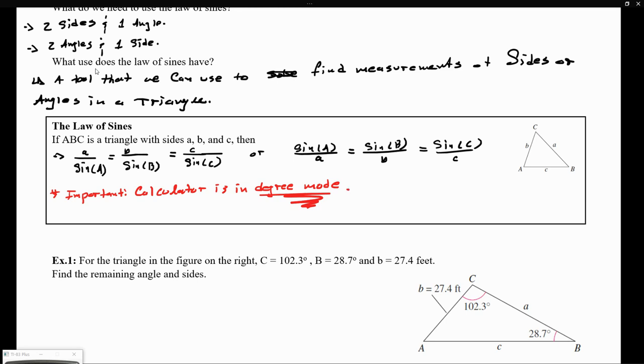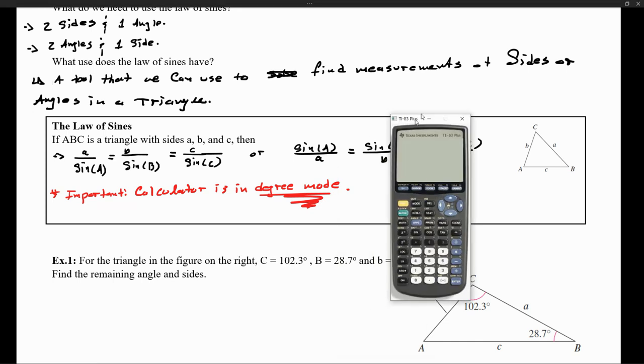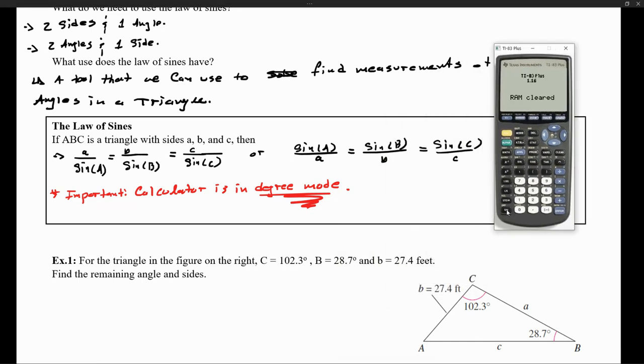You can set it up correctly, you can solve for the side correctly, but if your calculator is in radian mode, that might be a problem. And again, how do you set up your calculator in degree? Well, you turn it on, you press mode, and you make sure that it's in degree mode. Now that it's in degree, we can continue. So just make sure that when you're using the law of sine, your calculator is in degree mode, because we're going to be talking about angles, and usually this type of angles are given in measurements of degrees, not radians.